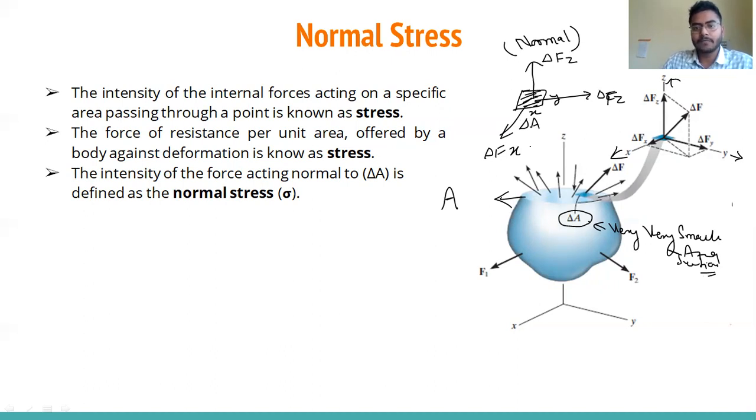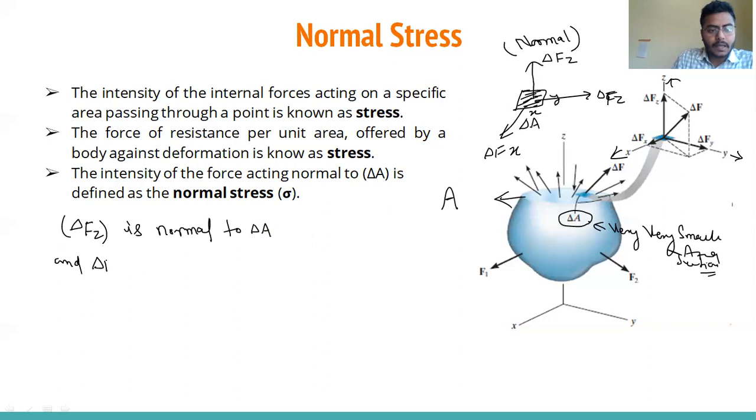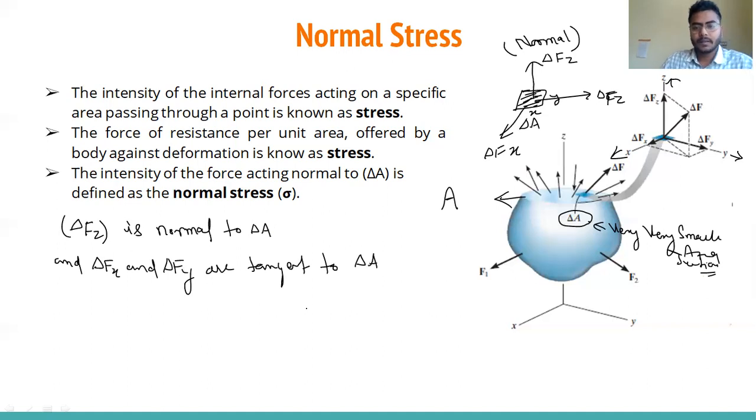So delta Fz is normal to the small area delta A, and delta Fx and delta Fy are tangent to delta A.